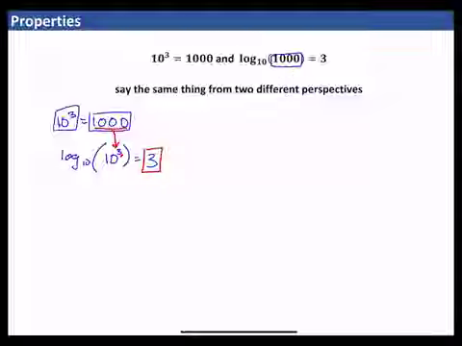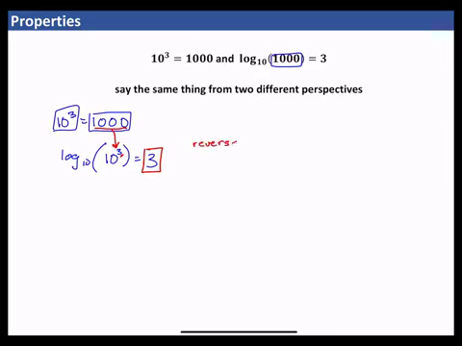All of this to say that performing these two functions in succession results in an output equal to the original input. In other words, the powers of 10 function and the base 10 logarithm function reverse each other's processes. Similarly, we could work in the other direction.